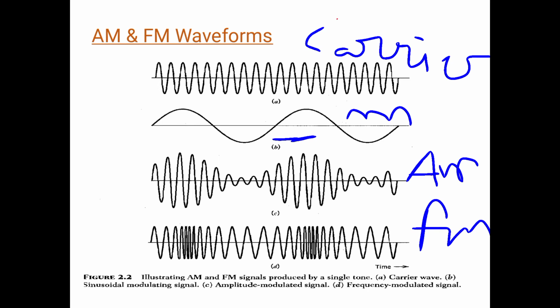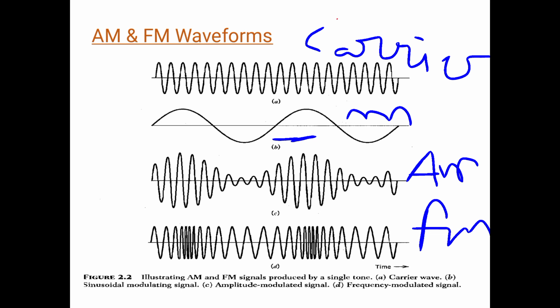Here observe, this is the amplitude modulated signal. Whenever the amplitude of the message signal is increasing, here the amplitude is at a positive peak. That's why the modulated signal amplitude is also increasing. Here the amplitude of the message signal is at a negative peak. That means the amplitude has decreased, and accordingly the amplitude of the modulated signal also decreases.